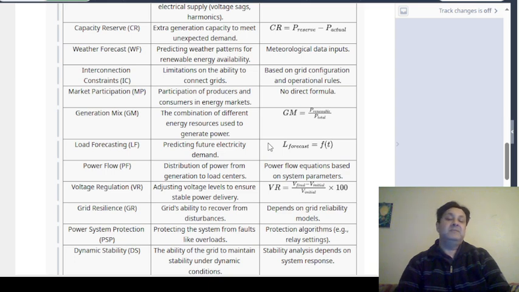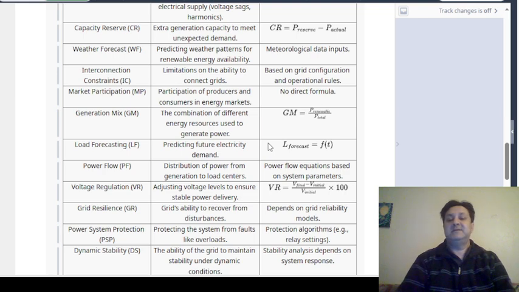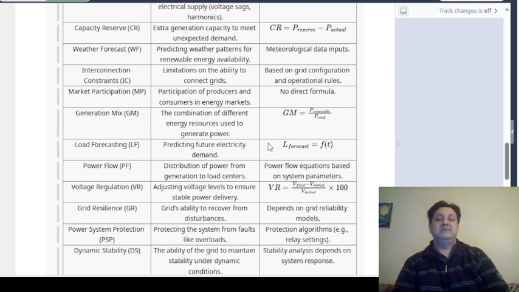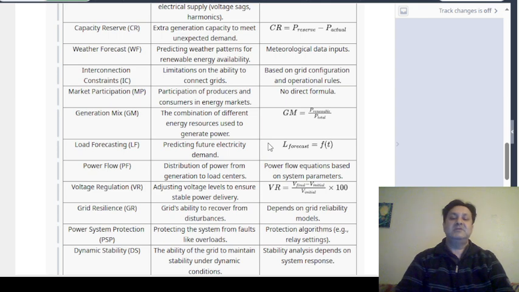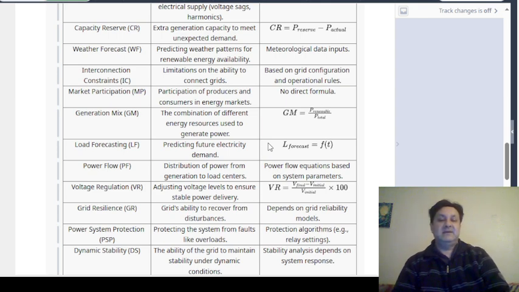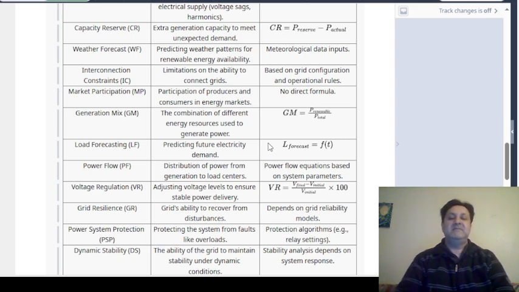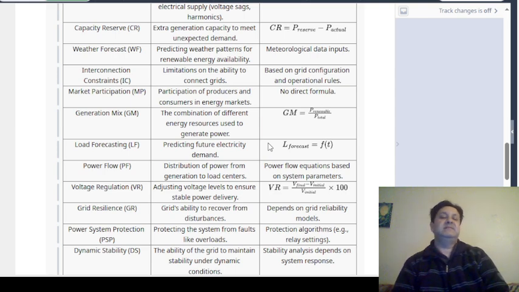Now, market participation is very important: participation of producers and consumers in energy markets. It's very important that those who are producing electricity and those who are consuming it at the user end, how much they are willing to buy and how much they can produce and sell.